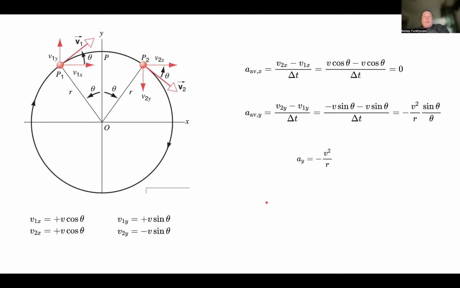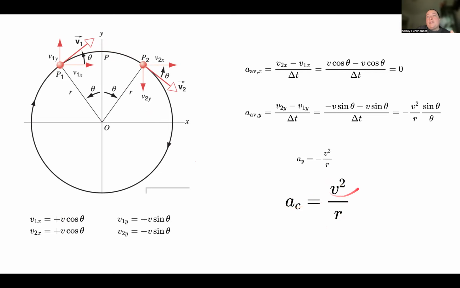This point P, and also either of these, are arbitrary. We could take points anywhere around the circle and we would end up with the same relationship between velocity, acceleration, and the radius. And this is the centripetal acceleration.